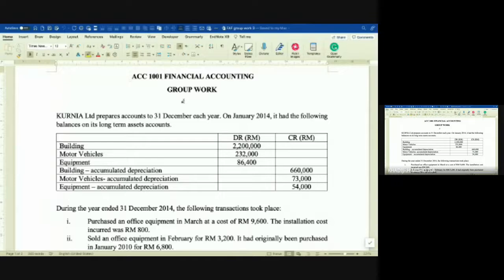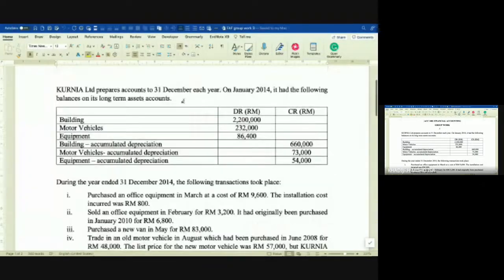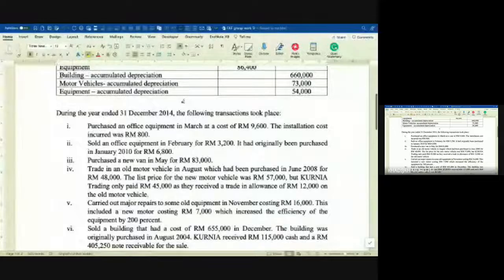On 1 January 2014, it had the following balances on its long-term asset accounts: building 2.2 million, motor vehicle 23,200, equipment 86,400, building accumulated depreciation 660, motor vehicle accumulated depreciation 73,000, and equipment accumulated depreciation 54,000. During the year, the following transactions took place. You purchase an office equipment that cost 9,600 and you also have an installation cost of 800.